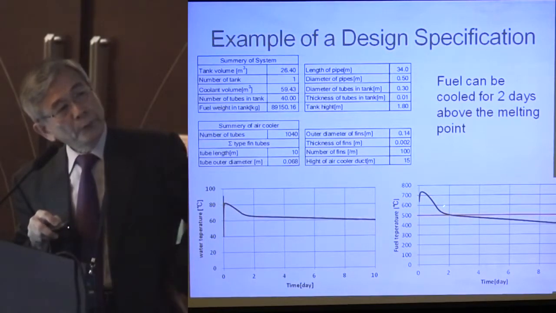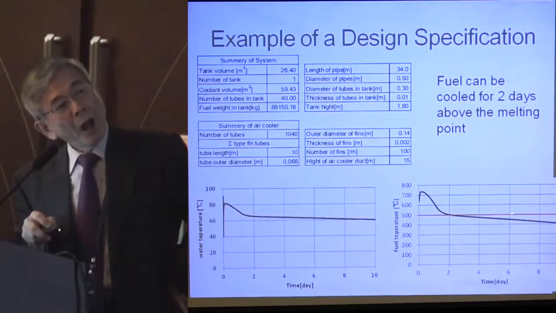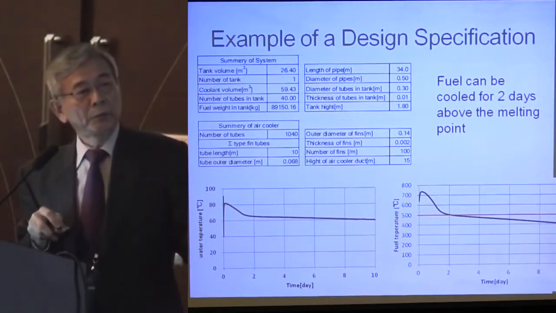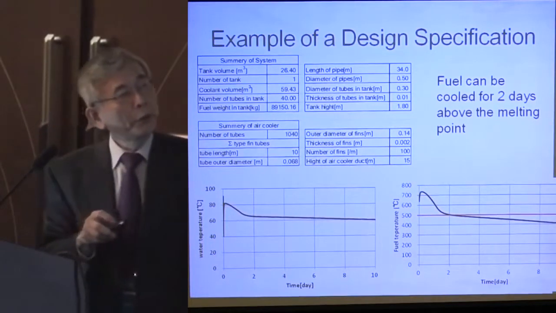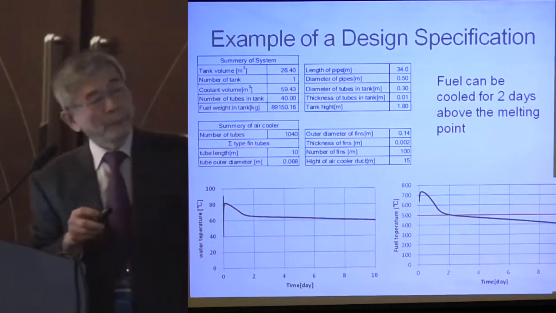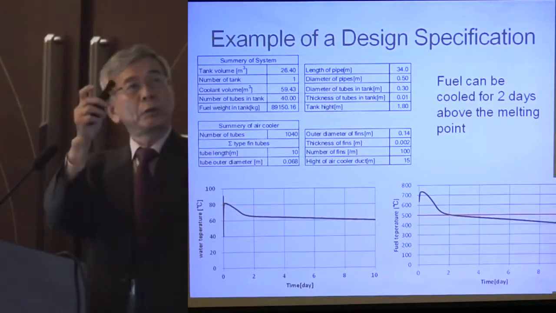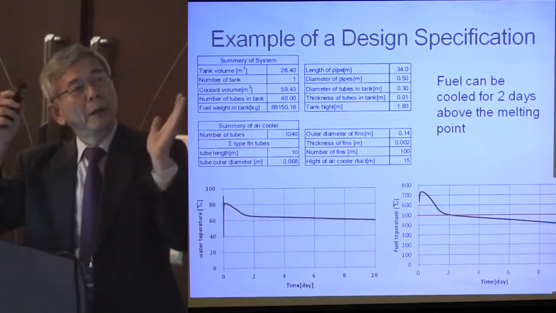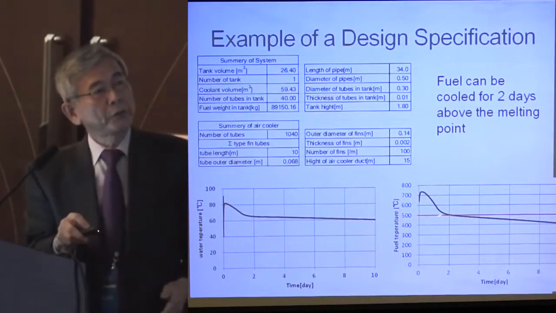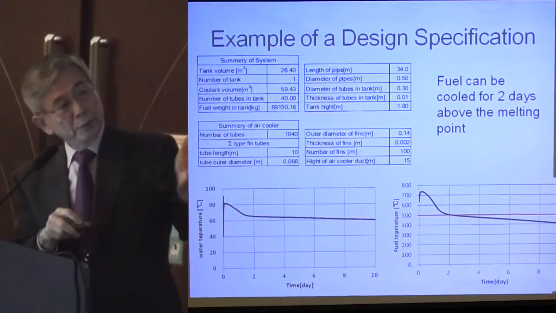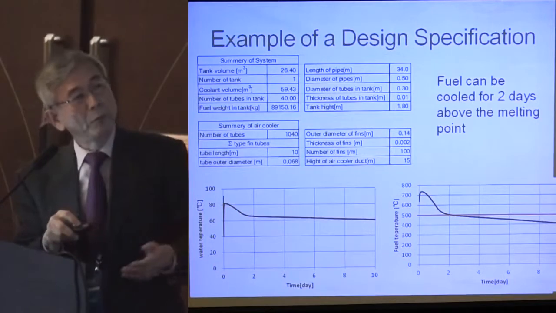So if we have to keep the fuel salt temperature higher than the melting point for, for example, more than 10 days, then we could close the air cooler duct, depending on the fuel temperature and on the time after the shutdown.